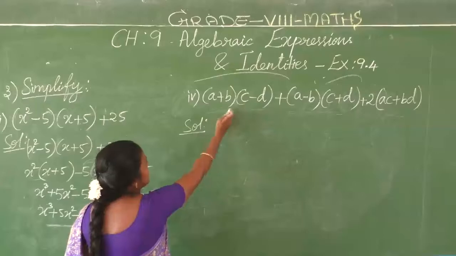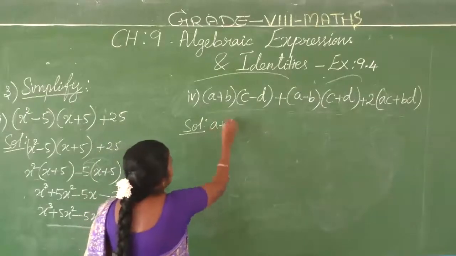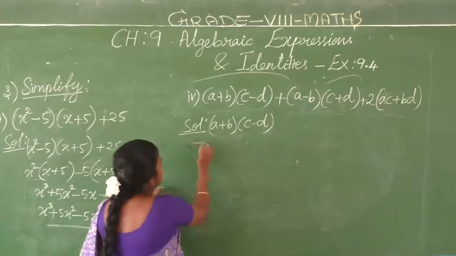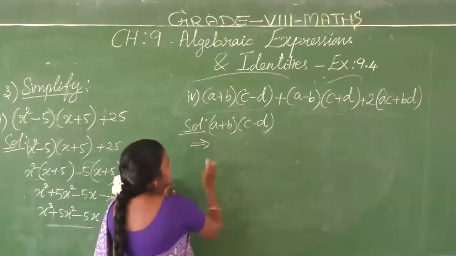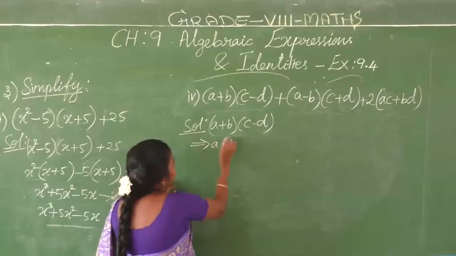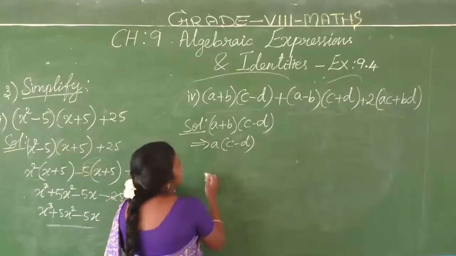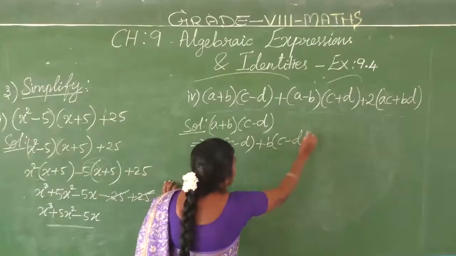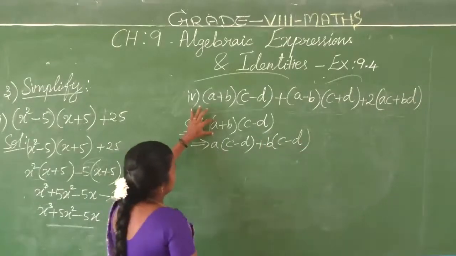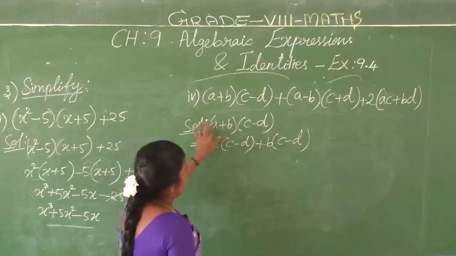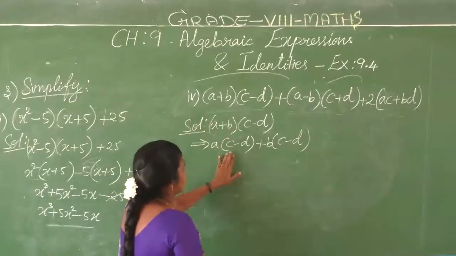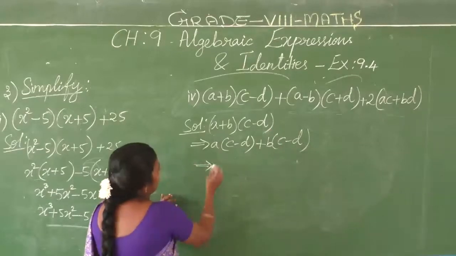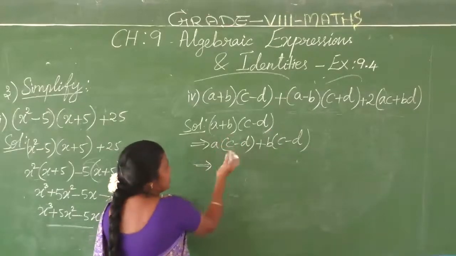Okay, take the first part, (a plus b) into (c minus d). What answer will come? A into (c minus d) plus b into (c minus d). Correct? See, a into the first part by the second binomial: a into (c minus d) plus b into (c minus d). What comes? Again, distributivity based.